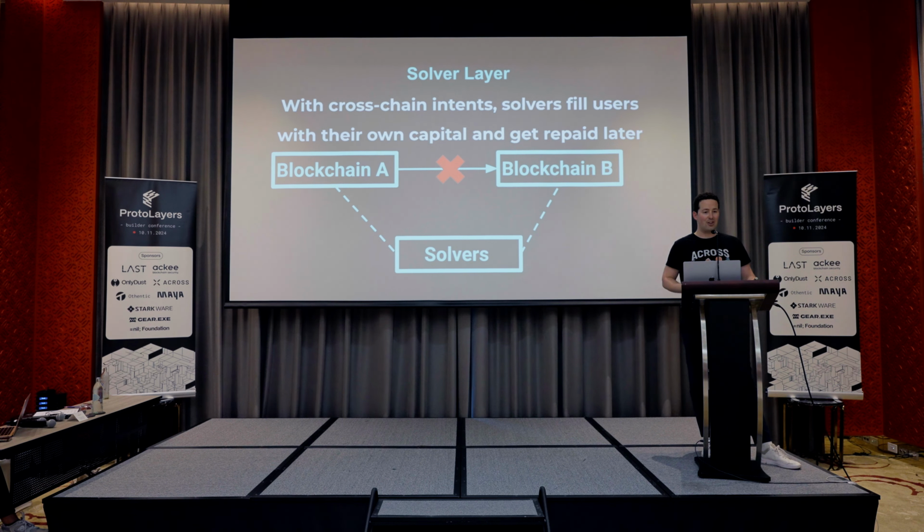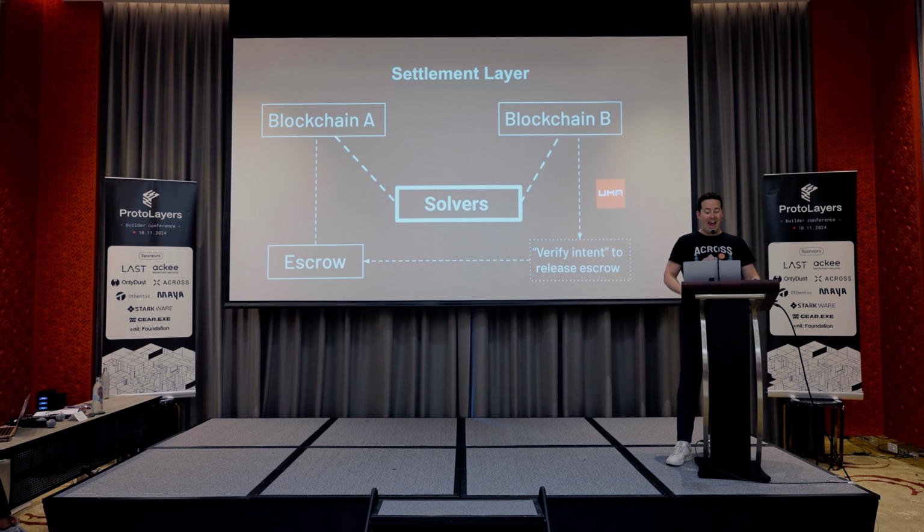When they see a user wanting to transfer value from one chain to another, they take their own funds and front that capital to the user on blockchain B. After they do that, the user is happy. They've received their ETH on blockchain B in 2 or 3 seconds. However, their funds are still locked up in an escrow contract on blockchain A.